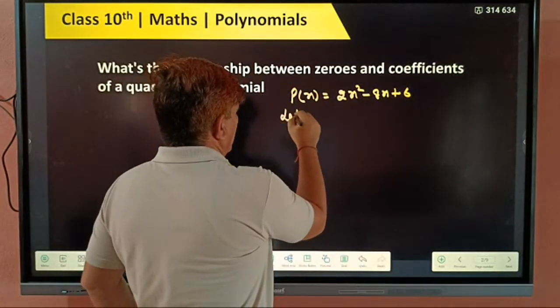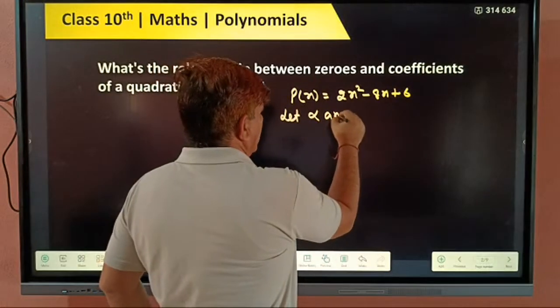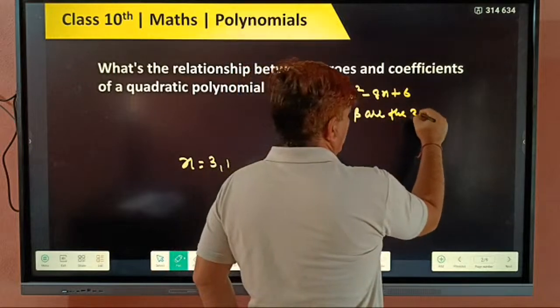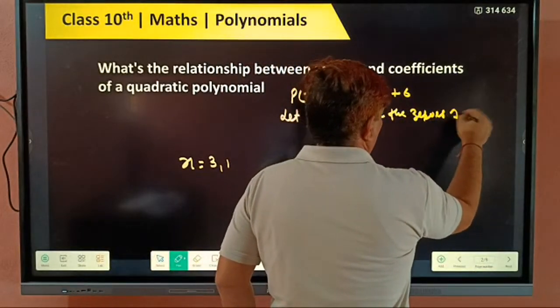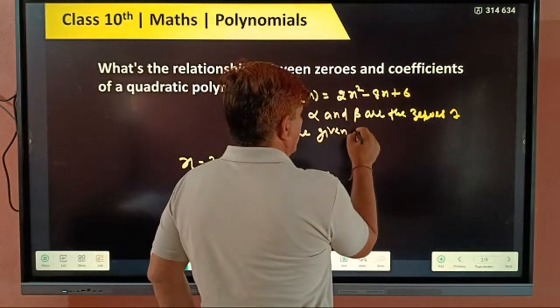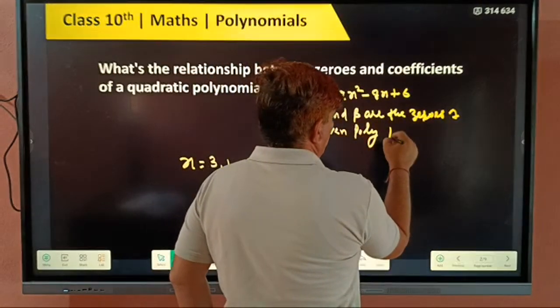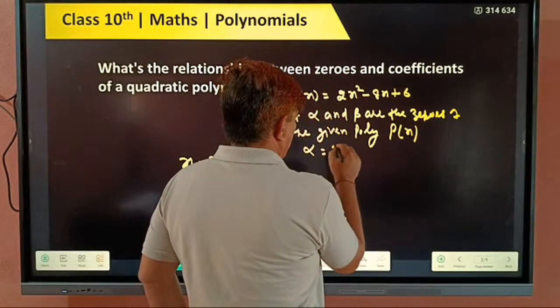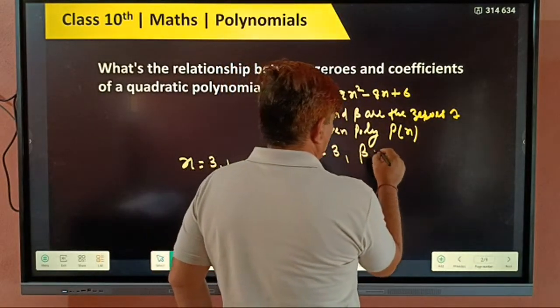Let alpha and beta be the zeros of the given polynomial, which polynomial? P(x). So alpha equal to 3 and beta equal to 1.